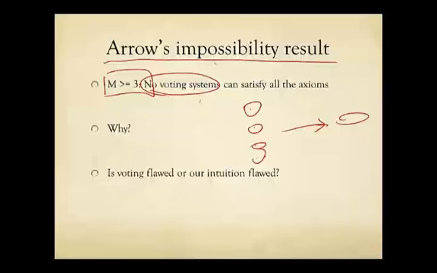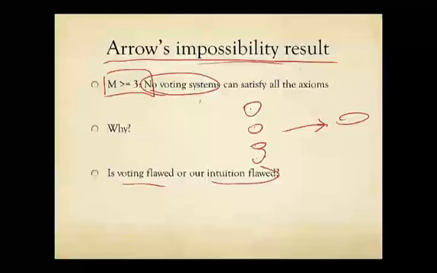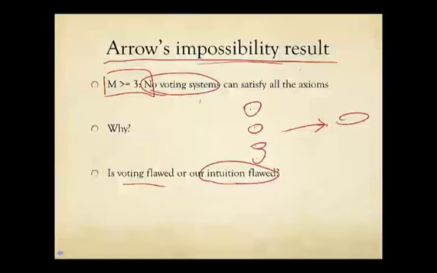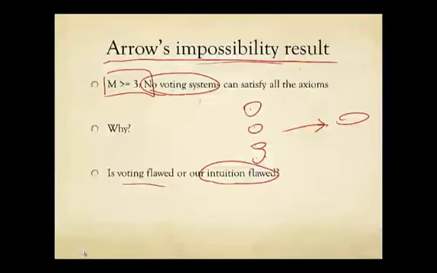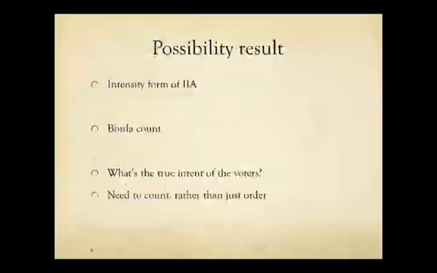So sometimes people quote Arrow's impossibility result to say that voting is flawed. Well, that argument is actually logically nonsense. What it says is that our intuition is flawed. We cannot assume that these alternatives' positions are irrelevant. They are relevant. And indeed, later researchers such as Saari have developed possibility results by modifying the IIA.